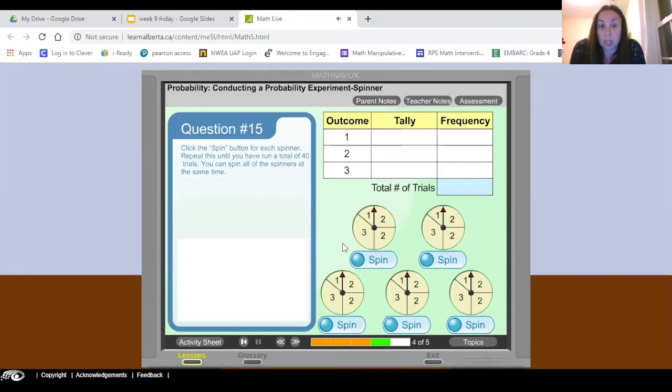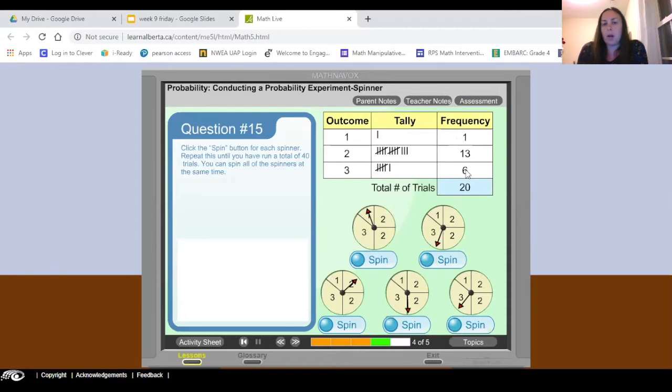Okay, so that's a lot of times. So we're going to get all these spinners going, and we're going to try to get to 40. What I'm going to try to do is stop at 20 and see where we are halfway. 19, 20. All right, so halfway, 2 has been spun 13 times, 1 was spun once, and 3 was spun 6 times.